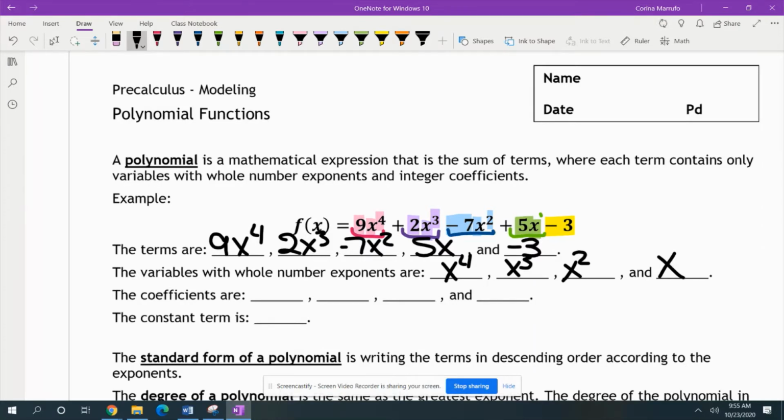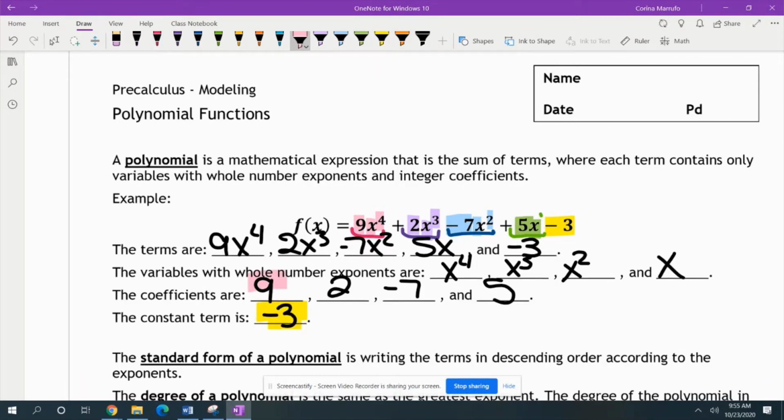Those are our variables with the whole exponents. Our coefficients are 9, 2, negative 7, and 5. And then the constant term is negative 3, the one by itself. That's what it's talking about here, negative 3.